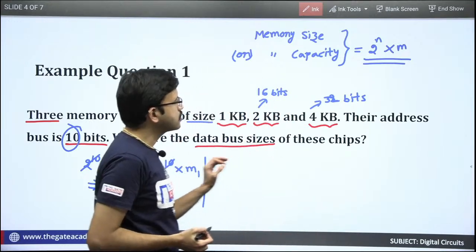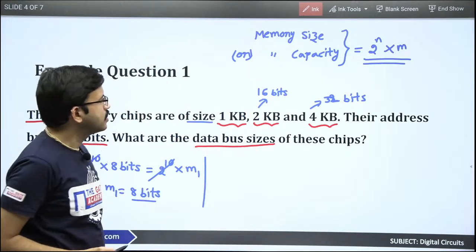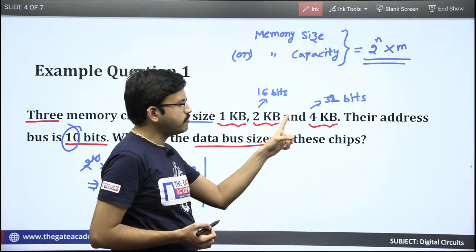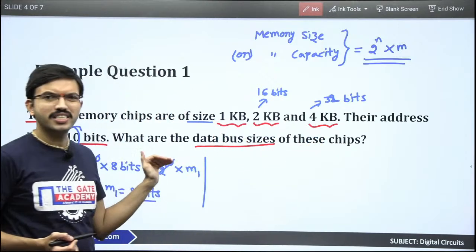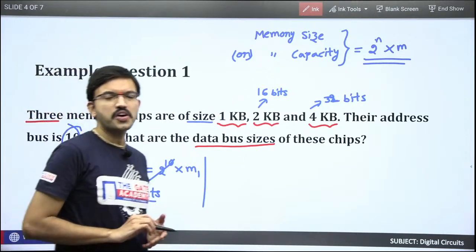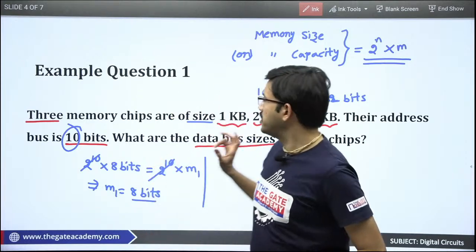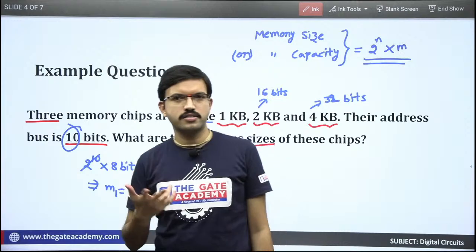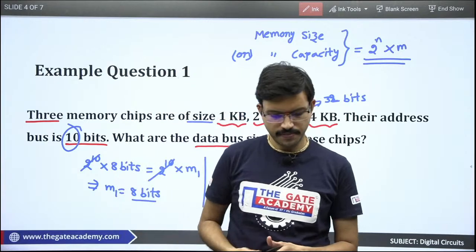If they ask the question in terms of bytes, the answer will be 1 byte, 2 byte, 4 byte. If they ask in terms of bits, 8 bits, 16 bits, 32 bits. Always be careful with respect to units in which they are asking the answers. That is very, very important.